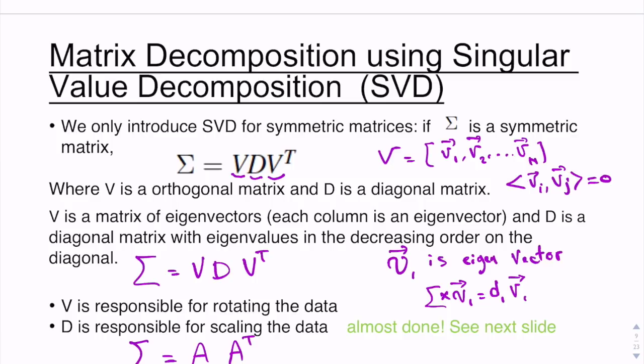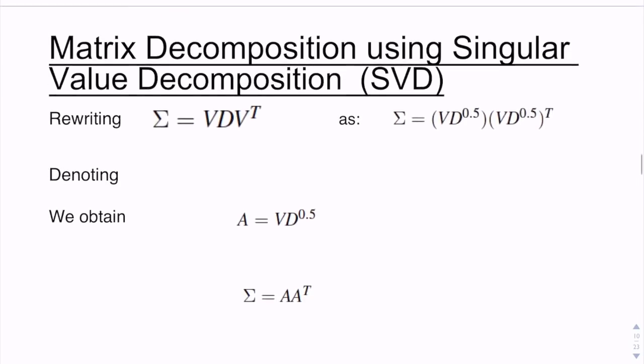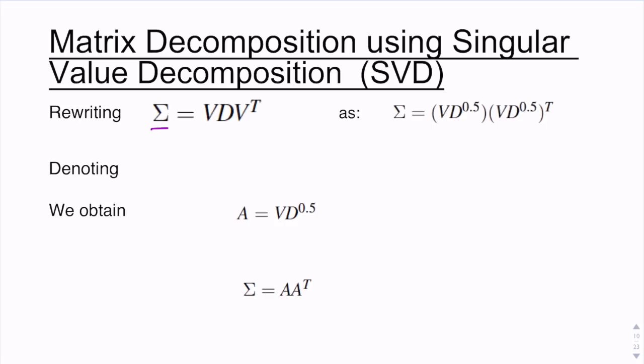The answer is simple, thanks to the properties of matrices. We have the covariance matrix, we decompose it into three matrices, and because D is a diagonal matrix, I can easily decompose it into two matrices. I take the square root of matrix D and show that the covariance matrix can be rewritten as V times square root of D. Square root of D means that, because this is a diagonal matrix, we take the square root of all elements on the main diagonal.